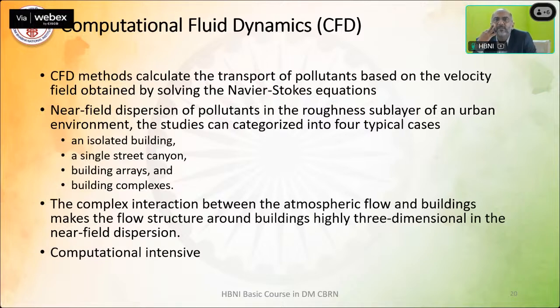Near field dispersion of pollutants in the roughness sublayer of an urban environment can be categorized into typical cases. How do you use CFD for this? Either you model an isolated building, or use it for a single street canyon, or use it for an array of buildings or building complexes.